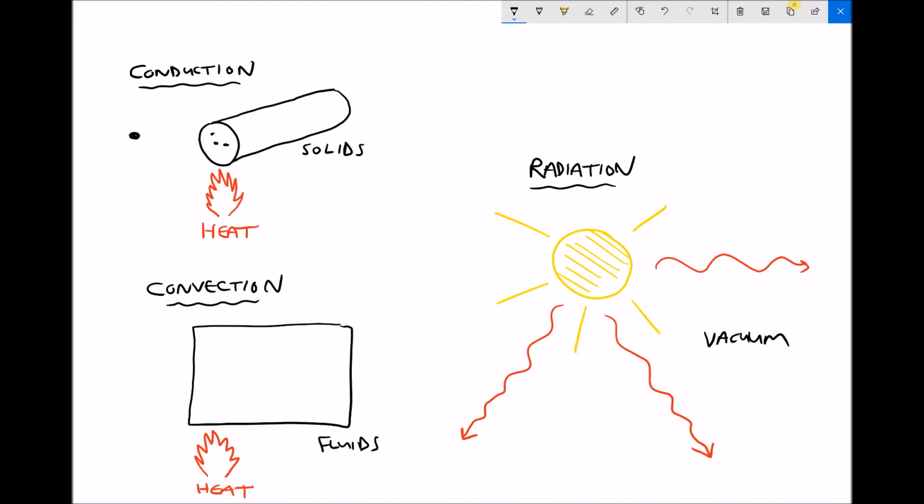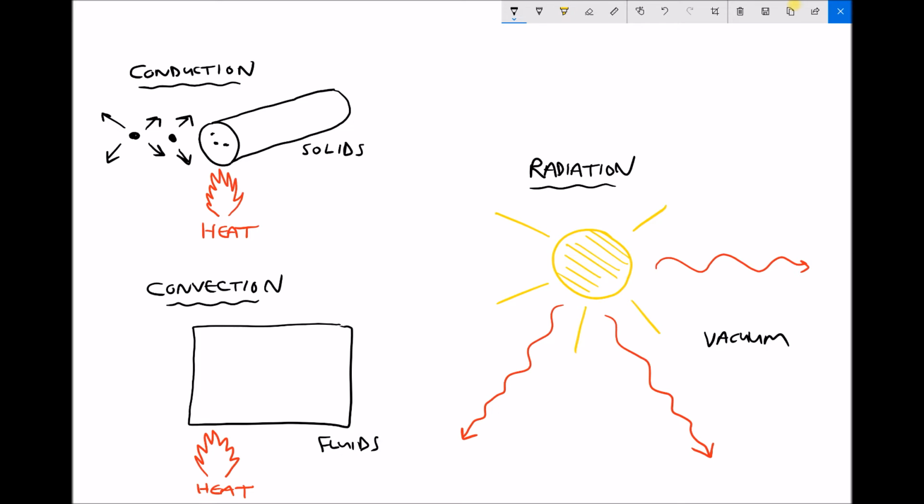So we have a particle and they're going to vibrate. To be more accurate, they're going to vibrate with more intensity because all particles will have a certain amount of vibration. So the particles begin to vibrate with a greater intensity, and as they do so, they bump into neighbouring particles and cause those neighbouring particles also to vibrate with greater intensity.